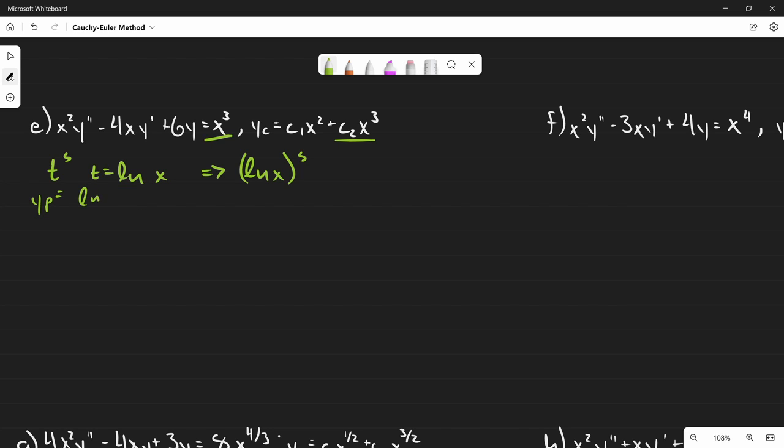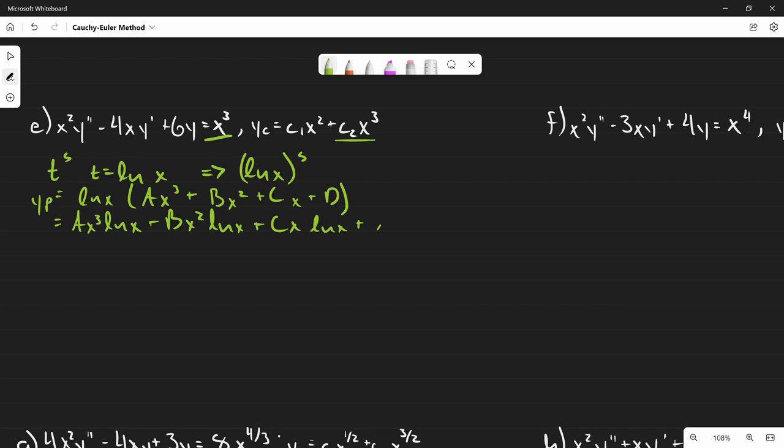We multiply this by natural log of x, but it's a x cubed plus b x squared plus c x plus d, and then we simplify this a little bit further. So a x cubed plus b x squared plus c x natural log of x plus d natural log of x.